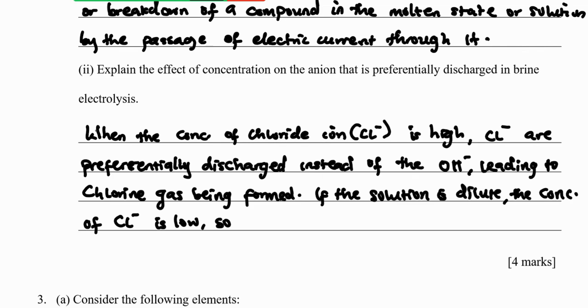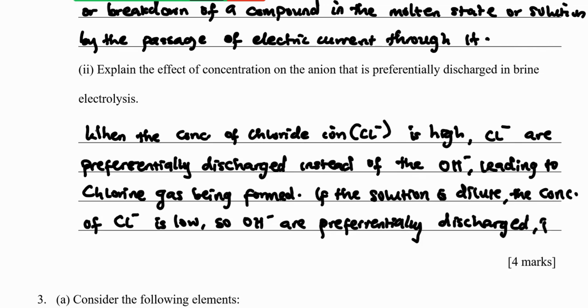So hydroxide ions are now preferentially discharged, producing oxygen gas instead. So this is what happens.